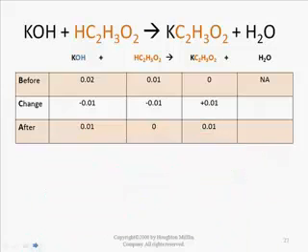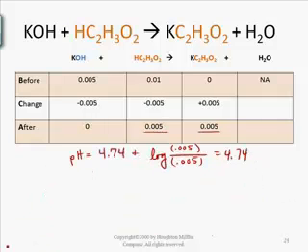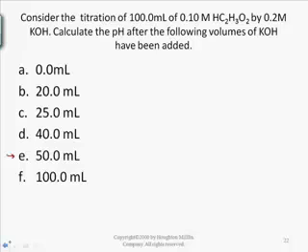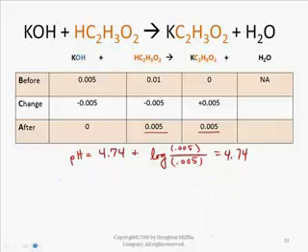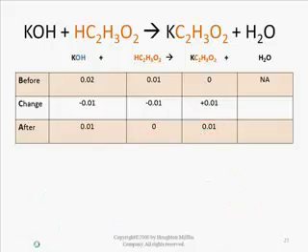Beyond the equivalence point, so now I've added, and I should have looked again. Okay, hold on. At this point, I've added 100. So my total volume at that point is 200 milliliters. And look what I've got.